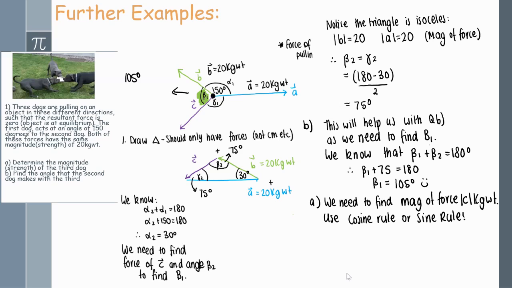Find your opposite side and opposite angle. I'm going to use vector C because that's what I'm trying to find the magnitude of, and its opposite angle 30, as well as vector B and its magnitude of 20 with the opposite angle of 75. In this way, we can write 20 over sine 75 is equal to the magnitude of C over sine 30.